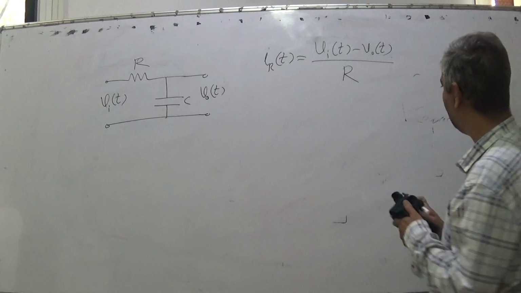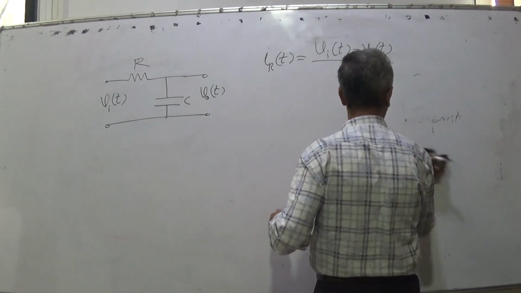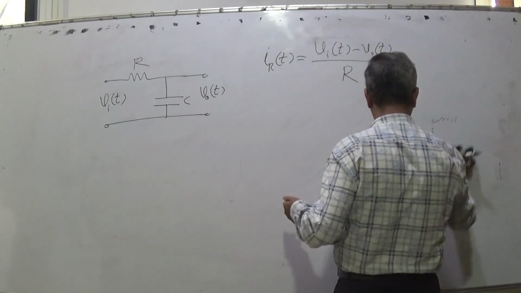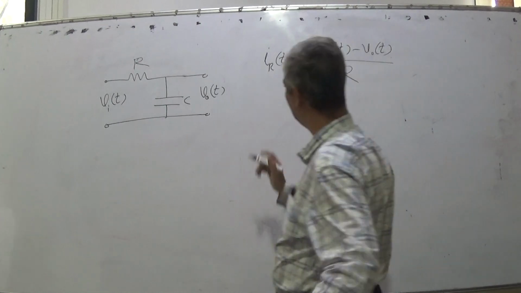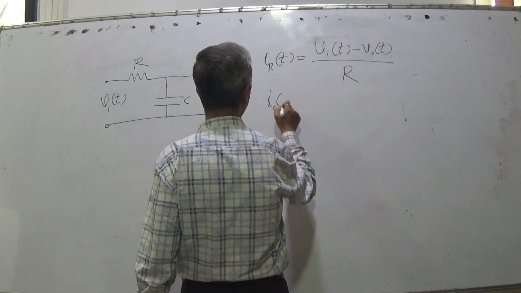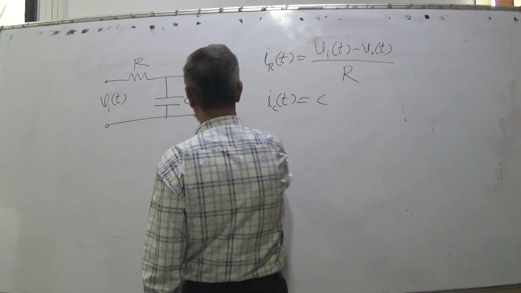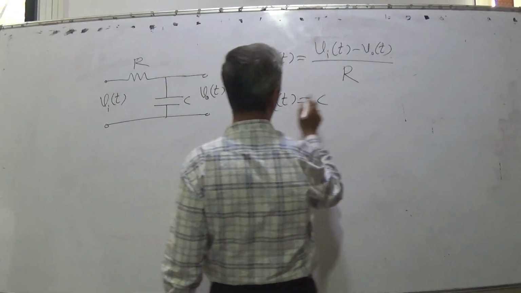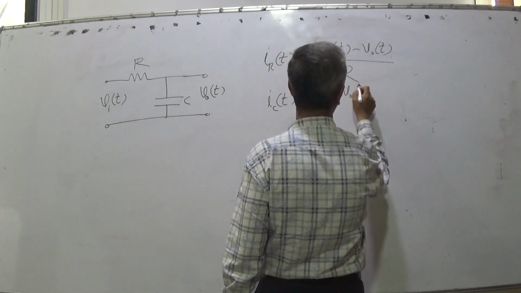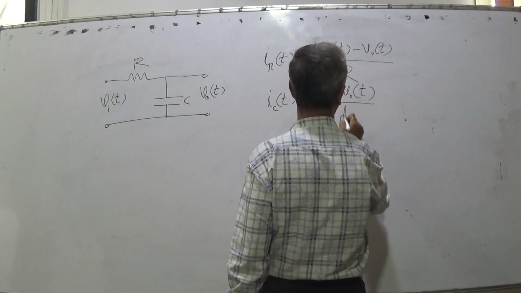Then similarly, I_C(t), the current through the capacitor, is C dV by dt. So I_C(t) is equal to C, which is not 1 now, dV_out(t) by dt.